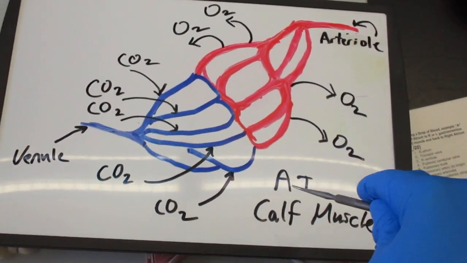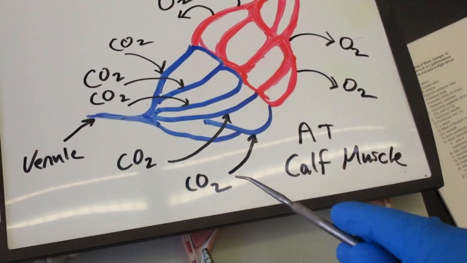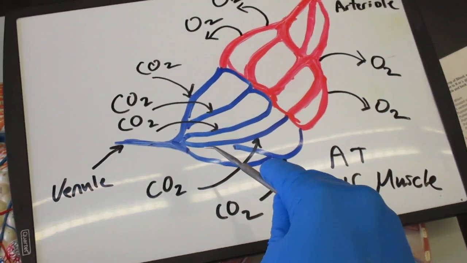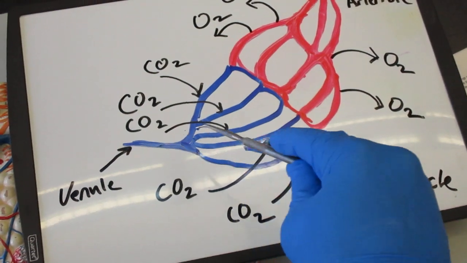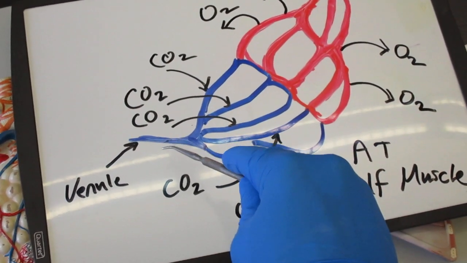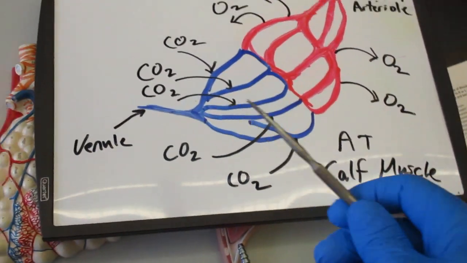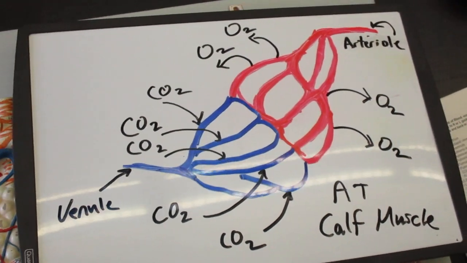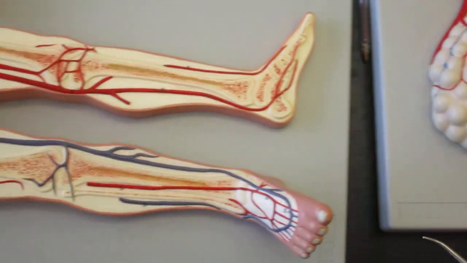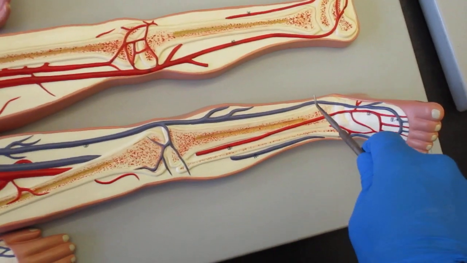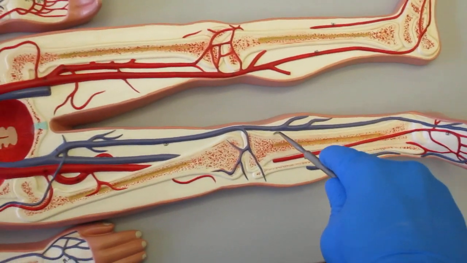Then we see the waste product of cellular respiration, the CO2, which is going to be put into the capillary bed. And of course we see the CO2 is going to go into this venule here. The venules go into the bigger veins, and then we eventually get to either the posterior tibial vein or the great saphenous vein here.